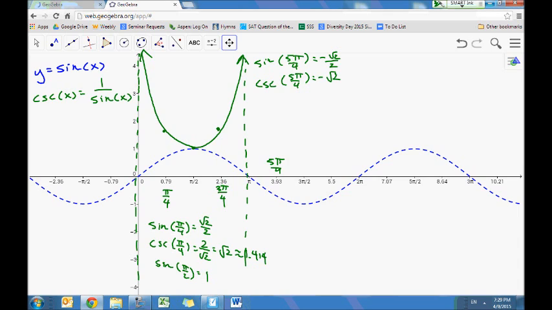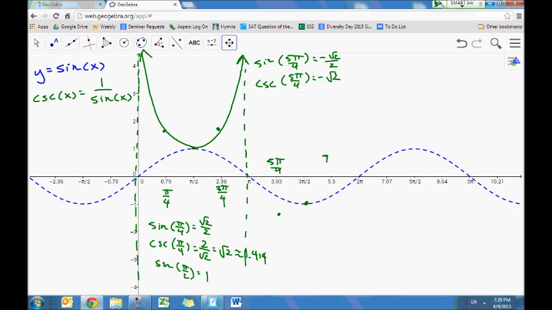So I'm down here at approximately negative 1.414. And then at 3 pi halves, again, the sine of 3 pi halves is negative 1. And so 1 over negative 1 is also negative 1, as they meet right there.